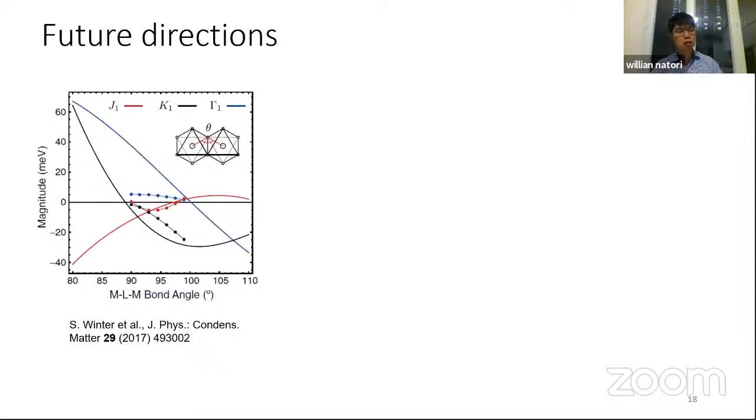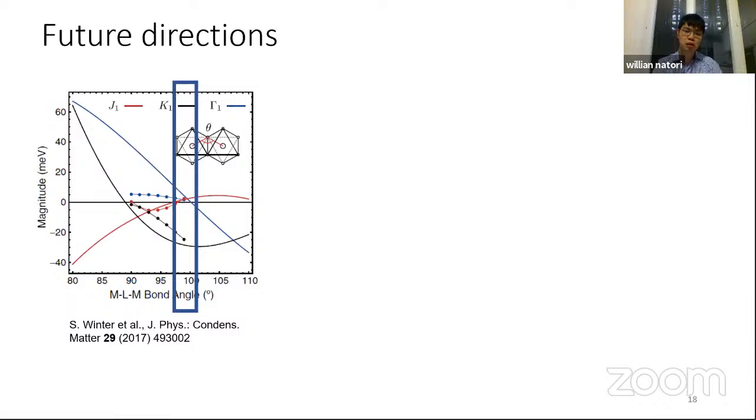Some future directions. Well, besides this magnetic field induced quantum spin liquid, there is another proposal: the Kitaev model can be tuned in ruthenium trichloride by placing some strain that changes this metal-ligand-metal angle theta here.